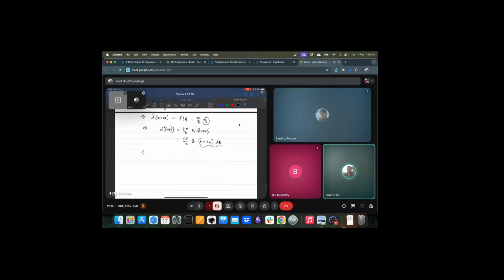So this means that we have d of delta of x by dx equal to 2e by h bar B T effective.